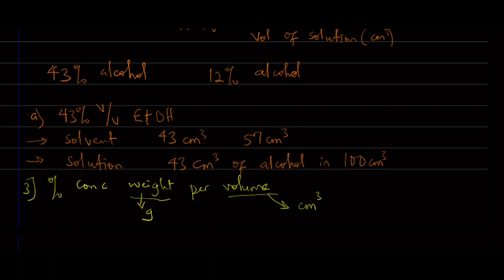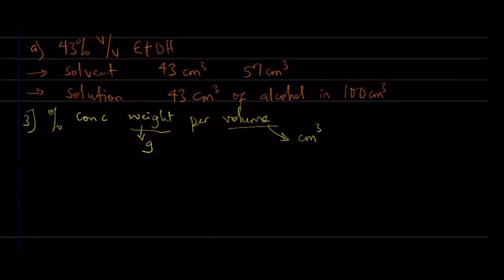So if you are to define percentage concentration weight per volume, we say that it is the weight of solute in grams dissolved in 100 centimeter cube of the solution, or dissolved in a particular volume of the solvent.